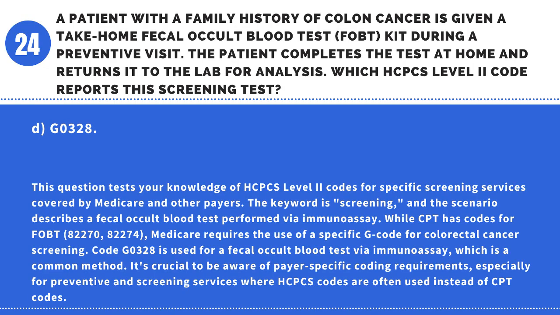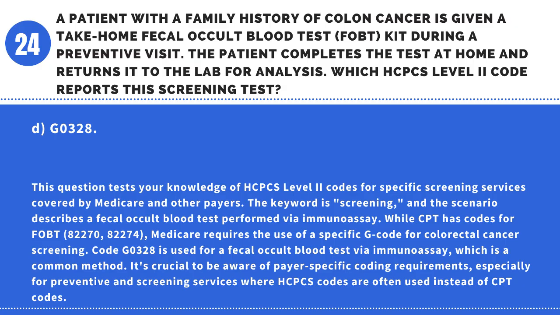Answer: D. G0328. This question tests your knowledge of HCPCS Level II codes for specific screening services covered by Medicare and other payers. The keyword is screening, and the scenario describes a fecal occult blood test performed via immunoassay.